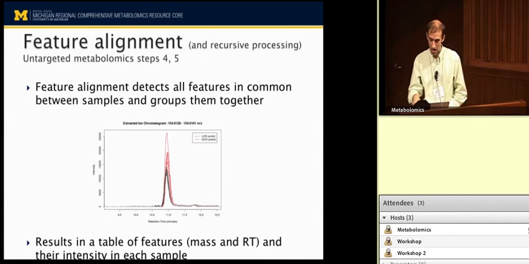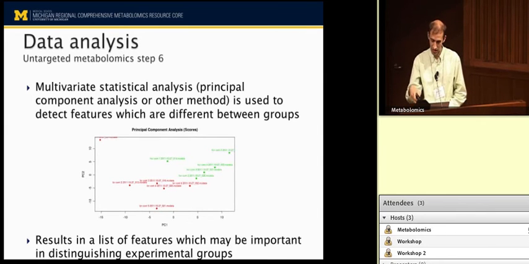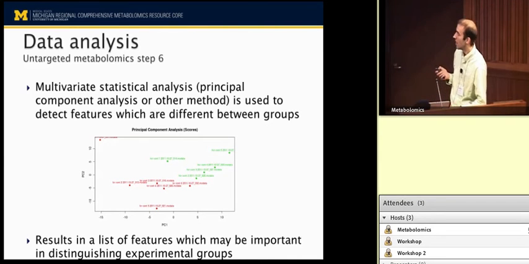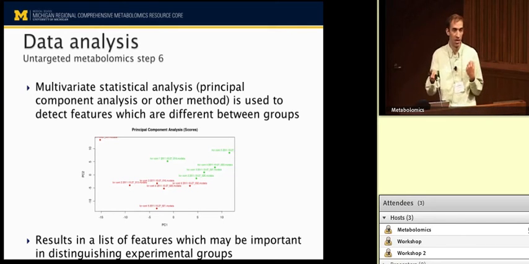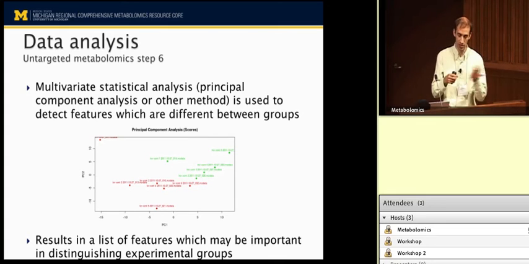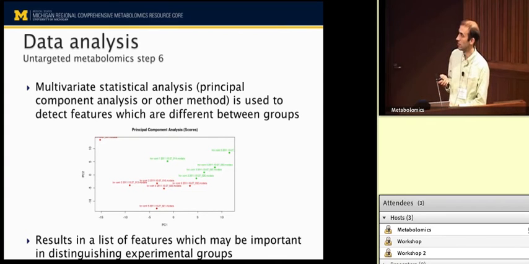So then next, we do data analysis. And so this is where we do the multivariate statistics typically. It doesn't have to be the only approach. But this is where we want to say, using all of those features that we've had, without biasing to say which one is more important than another, can we detect differences between our groups, whether we do an unsupervised or supervised, as others will describe tomorrow, and what are the components that are responsible for differentiating one group from another.